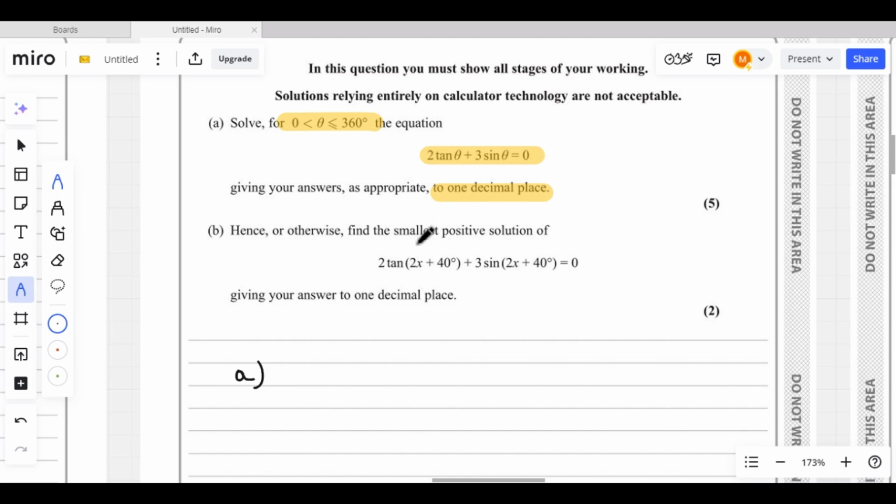So 2 tan theta can be written as 2 times sin theta over cos theta, so 2 sin theta over cos theta plus 3 sin theta equals 0.